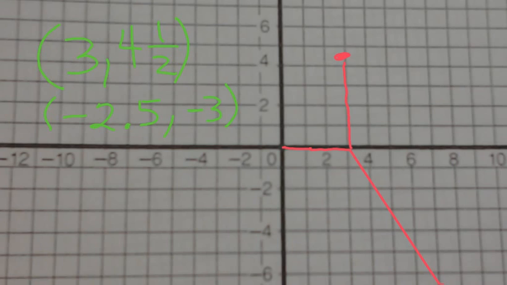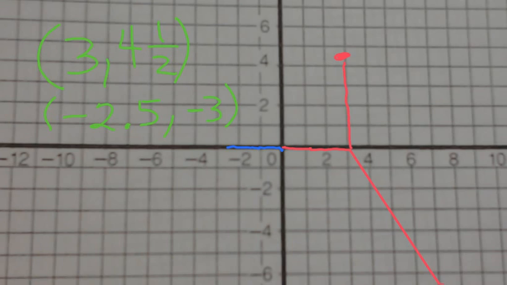Ignore that random line. I touched the screen with my finger when I was graphing and it made a random line appear. Okay, now let's try the other one. We'll do it in blue. Start at the origin and go negative 2.5. So go over to negative 2.5 and stop halfway in between the negative 2 and the negative 3.